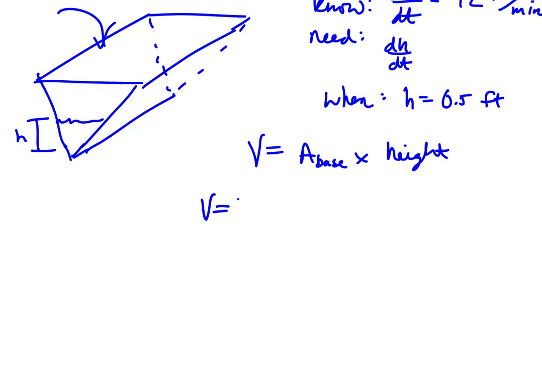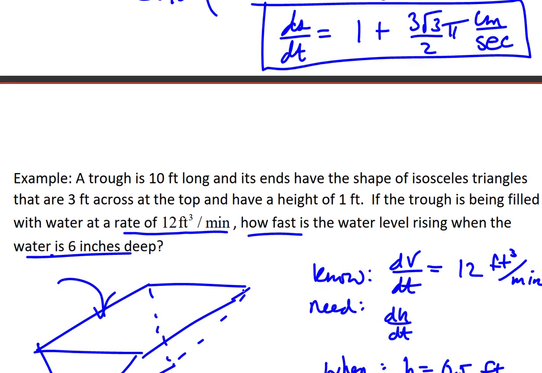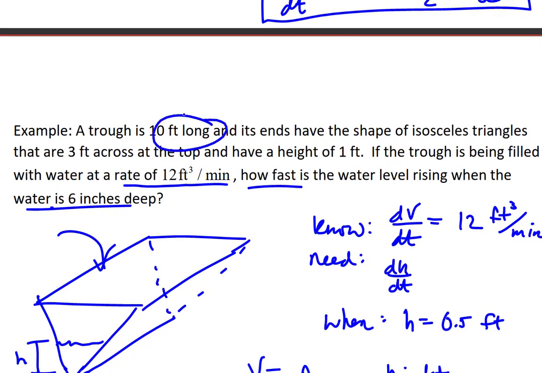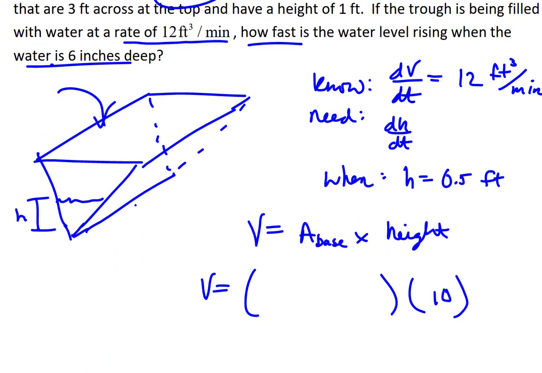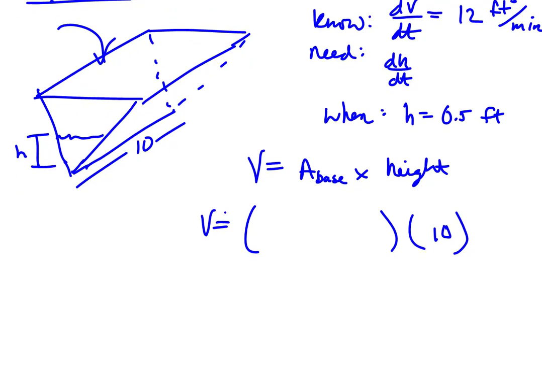So in this case, V for volume is the area of the base, which we don't know yet, times the height, but the height is given in the problem as 10. If you go back up and read, it said that the trough was 10 feet long, so really we could label 10 as the distance all the way down this trough. That's what's known as the height of a prism if you're stretching out this triangular prism here.